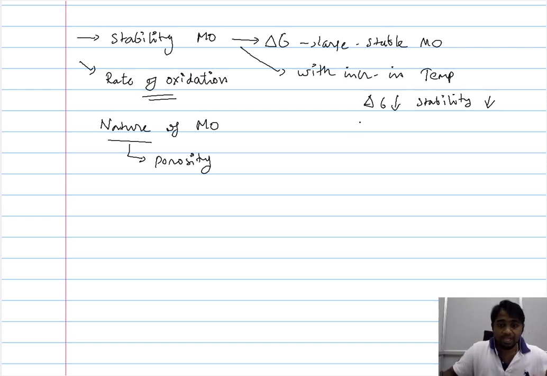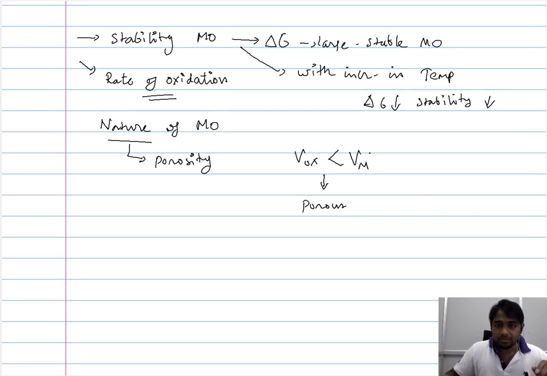Supposing the amount of oxygen that is being consumed was much less than the amount of metal that was being consumed, then in those cases the metal oxide that resulted was porous in nature.